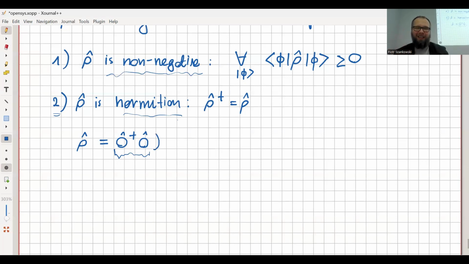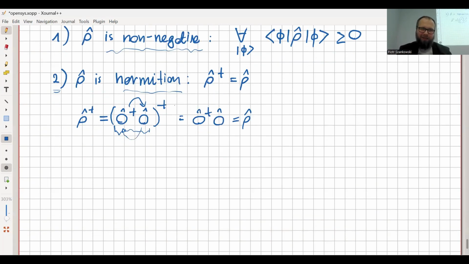If I take a dagger of that, I have to swap the positions, right? And apply dagger. Two daggers equal no daggers, so you just go back to the same form, right? So Hermiticity is already implied by non-negativity, although not the other way around, of course.